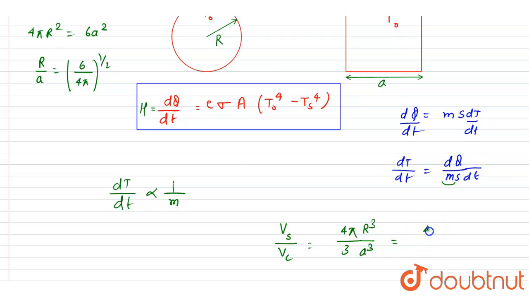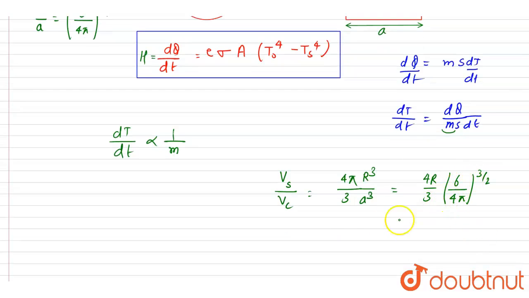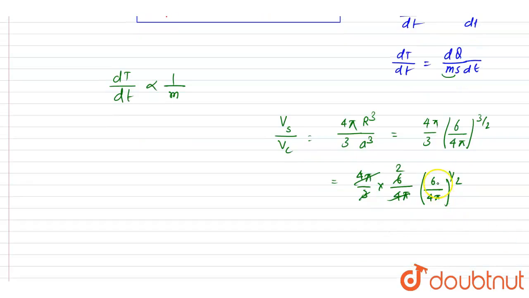So if you put the value here, it is 4 pi by 3 into 6 by 4 pi to the power 3 by 2. So this and this will get cancelled out, and if you take the 4 inside, it will be 12 by 2 pi to the power half, so it is 6 by pi to the power half.